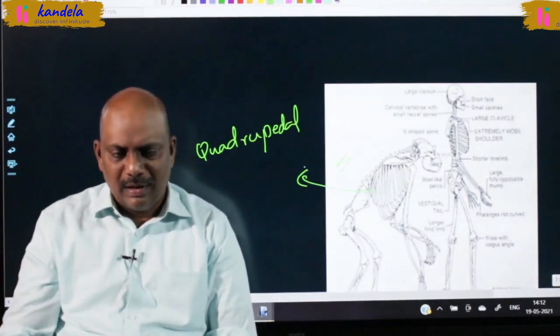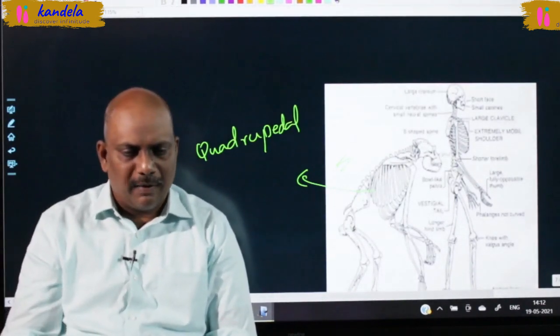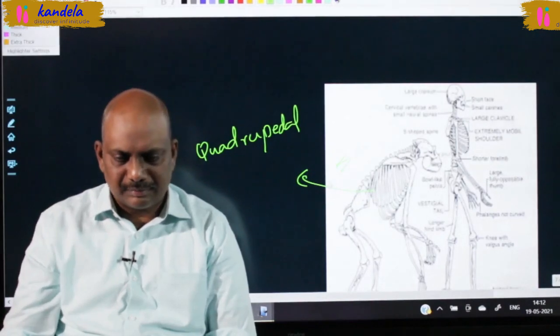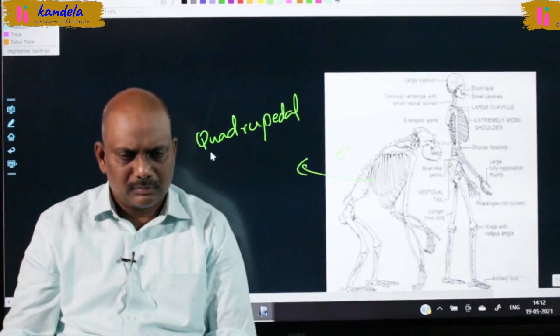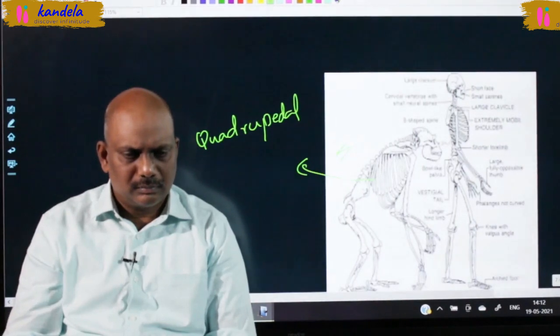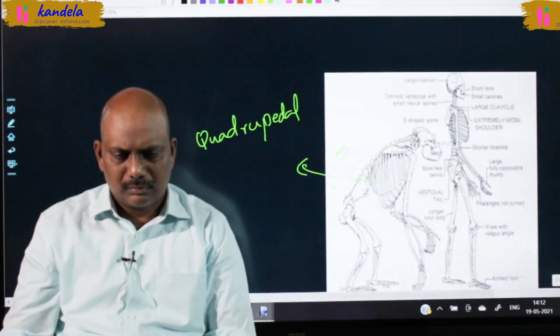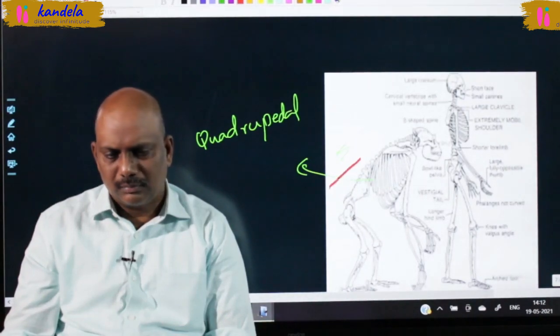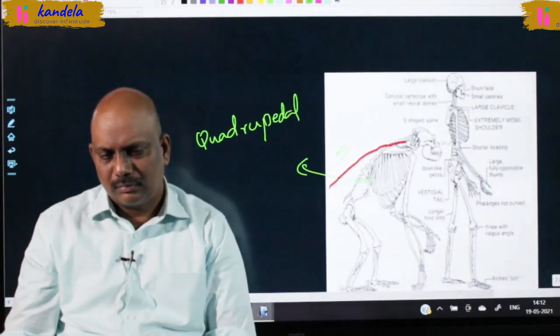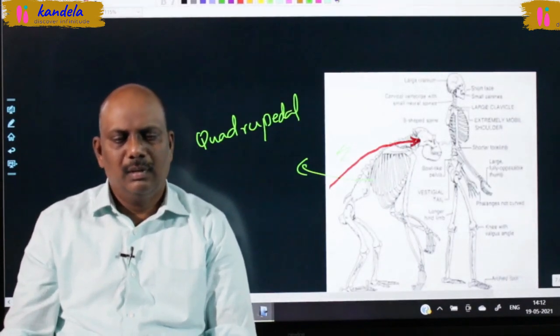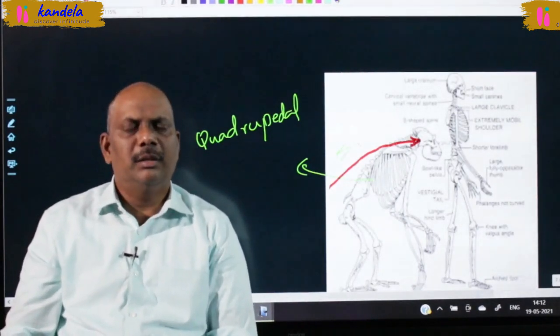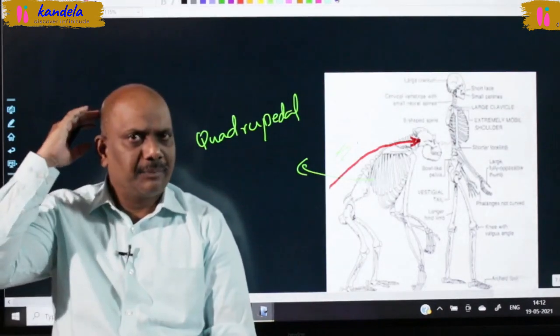So see here how the foramen magnum is attached here. The foramen magnum is more posterior for them.